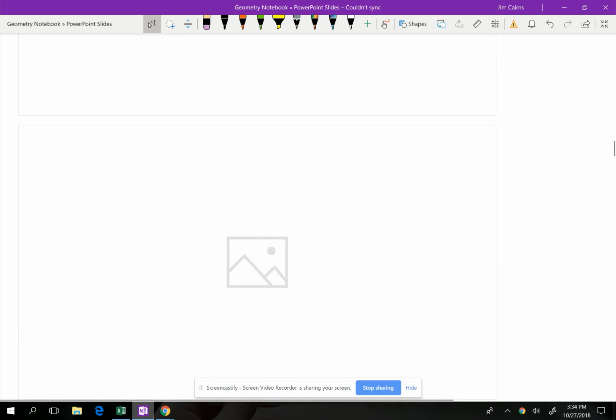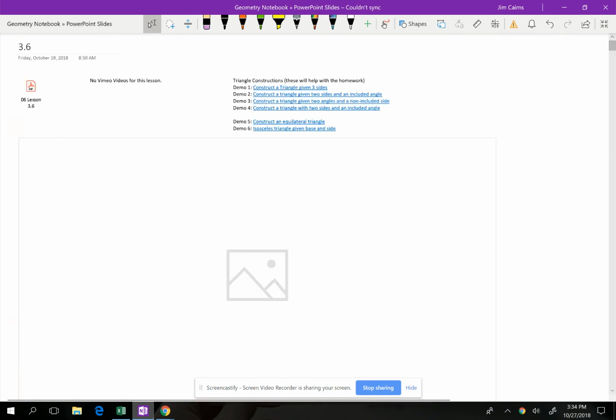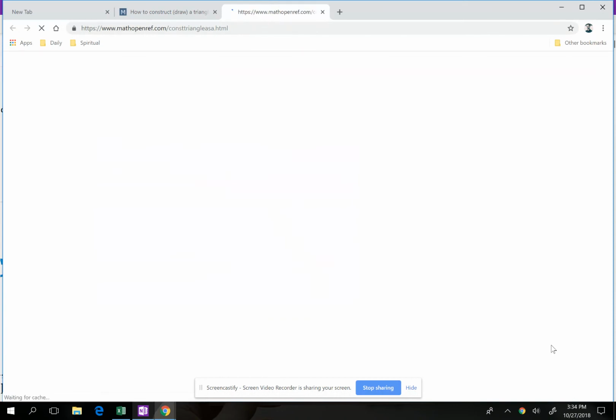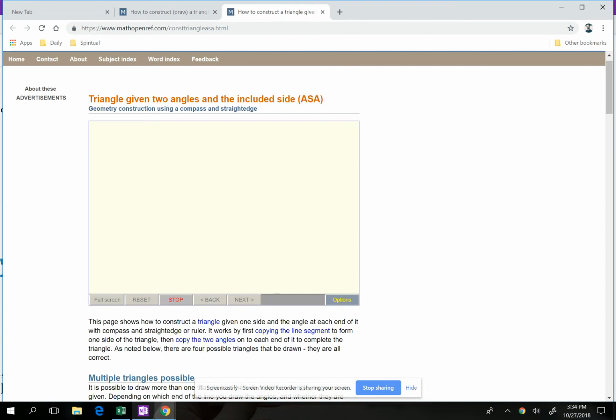There's actually at the top of the lesson here a case of a triangle with 3 sides, a triangle with 2 sides and an included angle, and 2 sides and a not included angle. And here's this one, ASA. This is 2 angles and an included side.